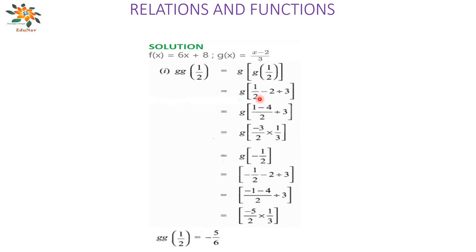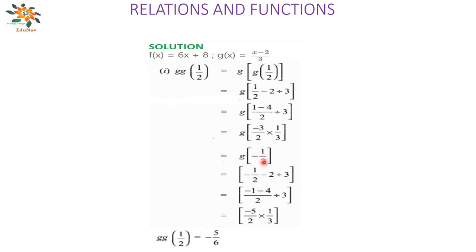That gives our next step to be equal to g of (1 by 2 minus 2) whole divided by 3, which will be equal to g of ((1 minus 4) by 2) divided by 3. That will give us g of minus 3 by 2 into 1 by 3. Now 3 in the numerator and 3 in the denominator can be cancelled off, leaving our next step to be g of minus 1 by 2.